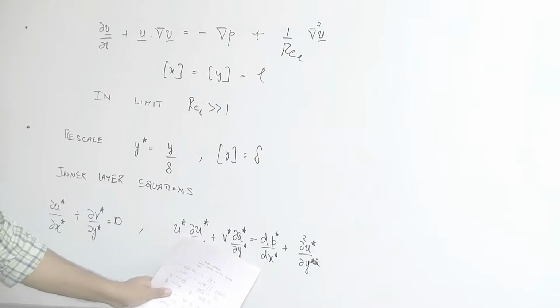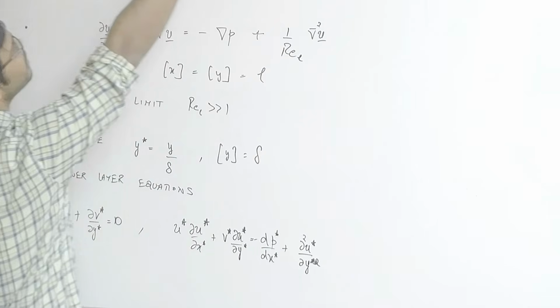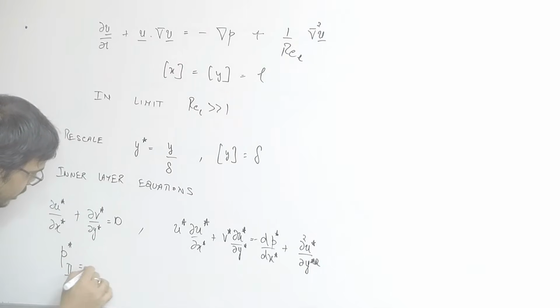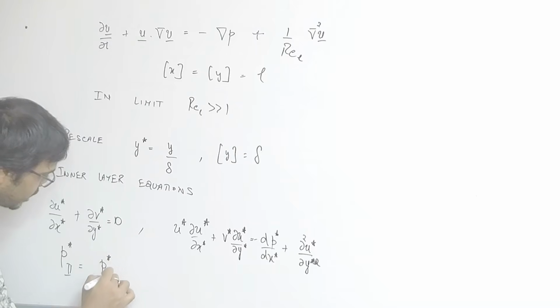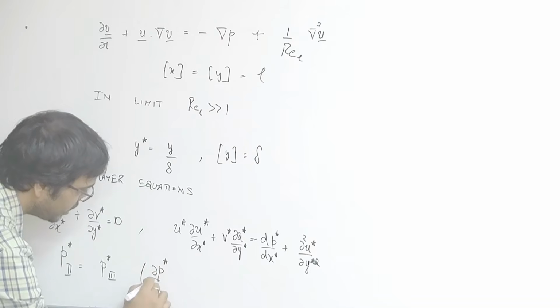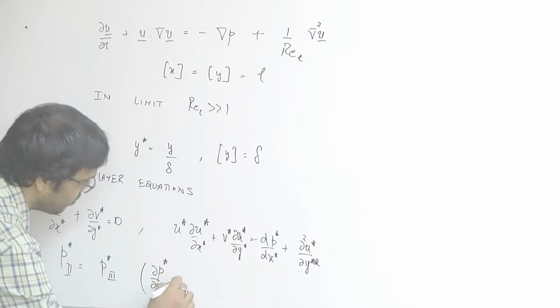And then we said that this dp dx is basically the pressure in region 2. So P star in region 2 is equal to P star in region 3, because we had derived from the y momentum equation that this is 0.